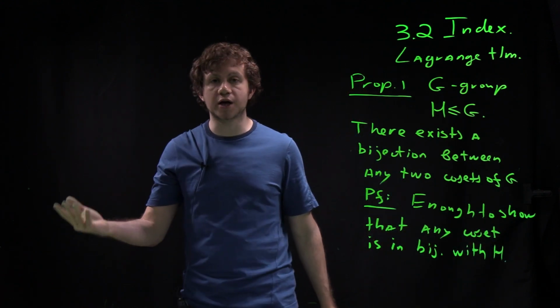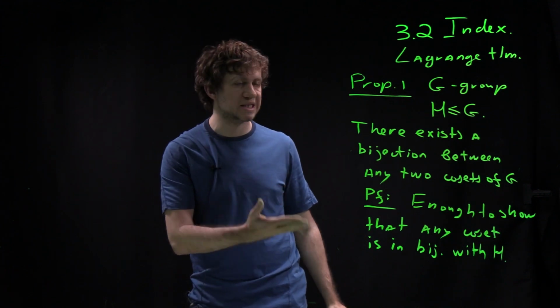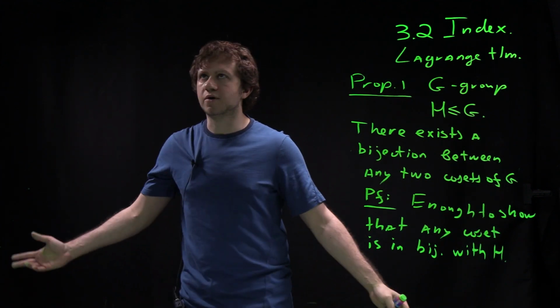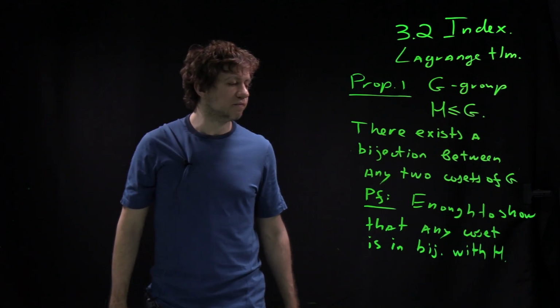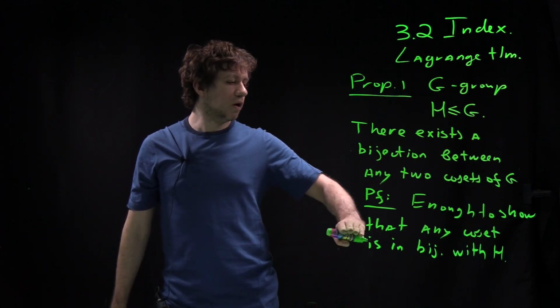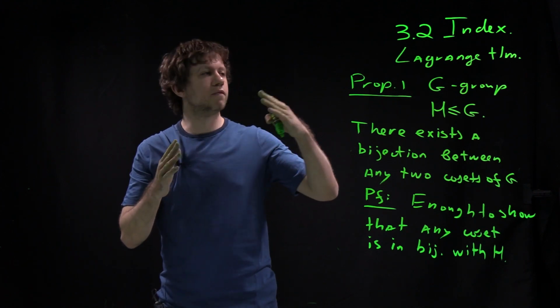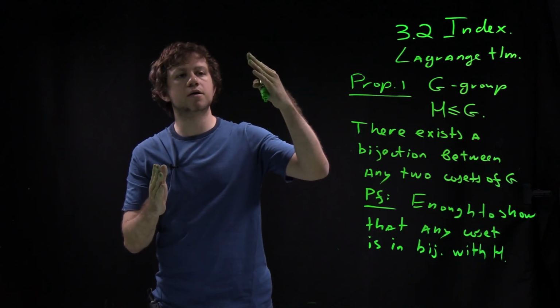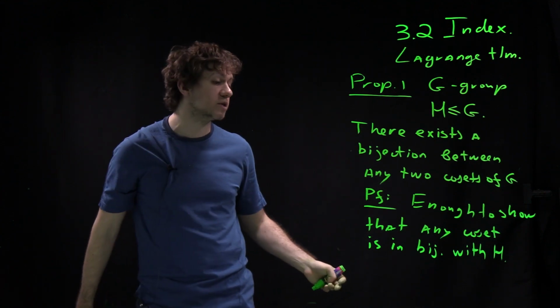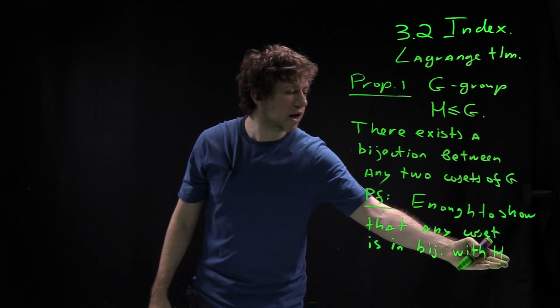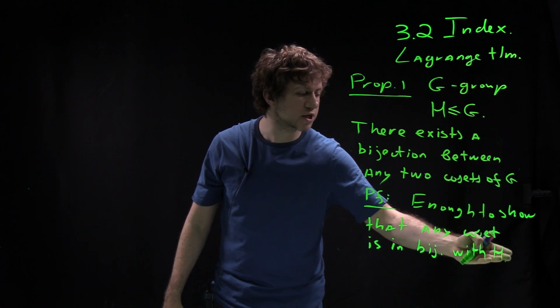Because being in bijection is an equivalence relation on sets of some cardinality. You cannot say all sets, but just subsets. Okay, so if one subset of G is in bijection with another, and second is in bijection with a third, you can take composition of bijections. So it's sufficient to show every coset is in bijection with H.